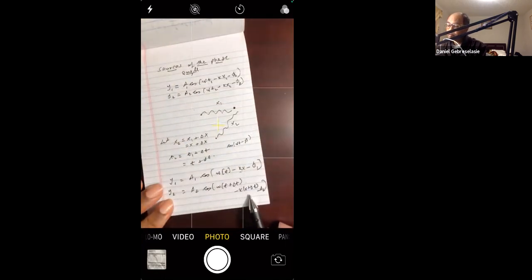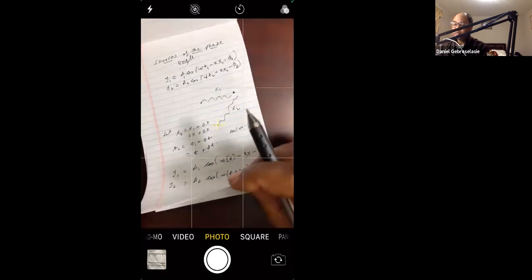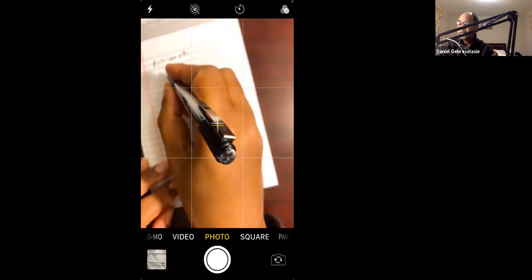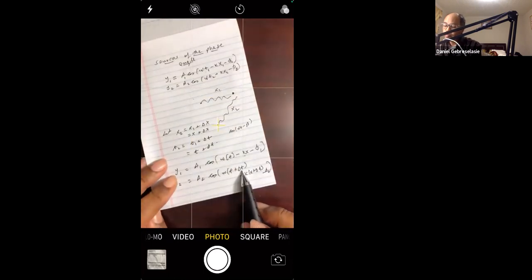How about this one? We have omega times delta t over here, and then minus kx, and then minus k delta x, and of course we have minus phi 2.